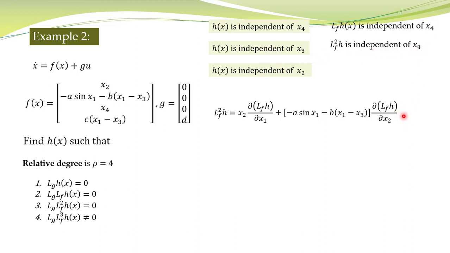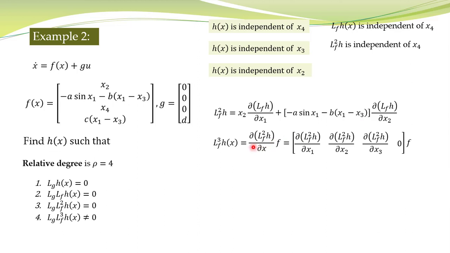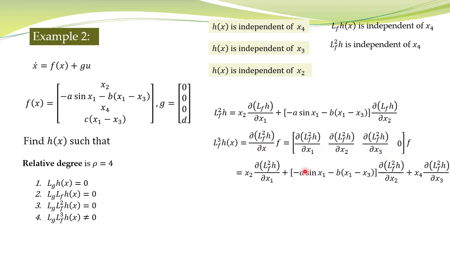That is why we have not written the third term over here, which was basically x4 multiplied by some partial derivative. So the third Lie derivative can also be computed, and after multiplication you have this expression. All of you can obtain these multiplications and perform these computations. And again this condition requires that this should not be equal to 0.